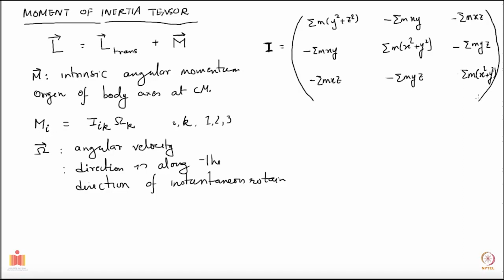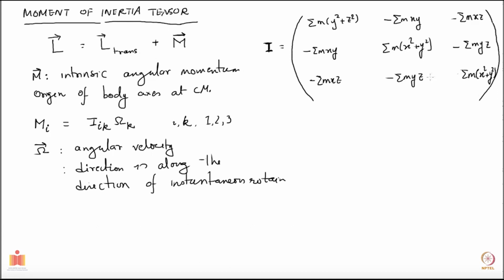Anyhow, let's look at some properties of the inertia tensor. As I said, for those of you who have not ever studied tensors, this is not going to prove to be any handicap. I'm not going to utilize any of the properties of a tensor in this. So for you it's a matrix.